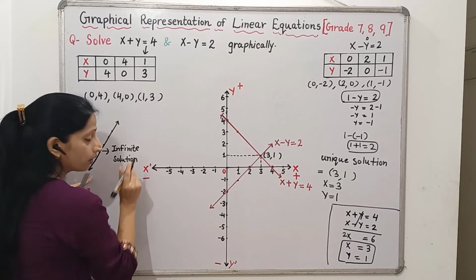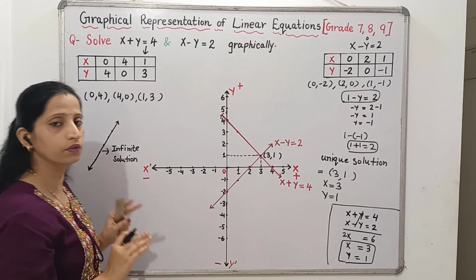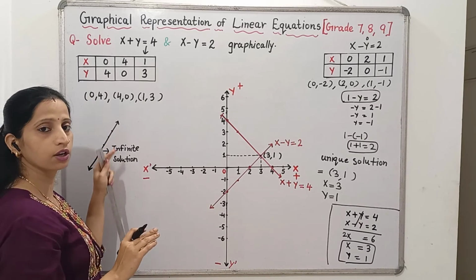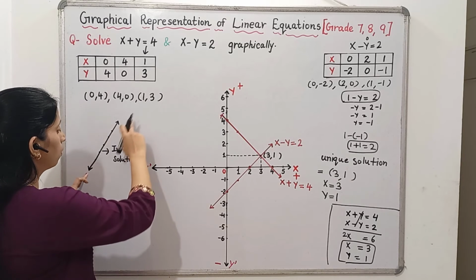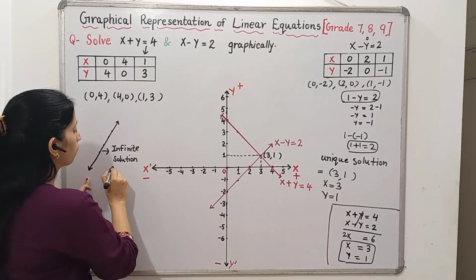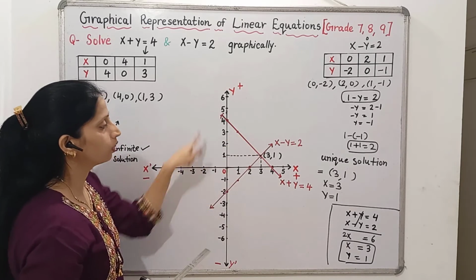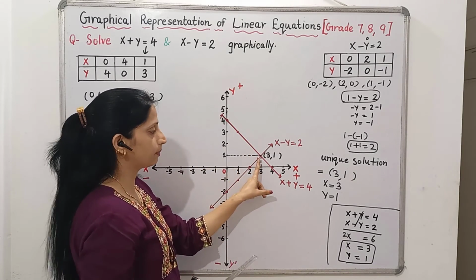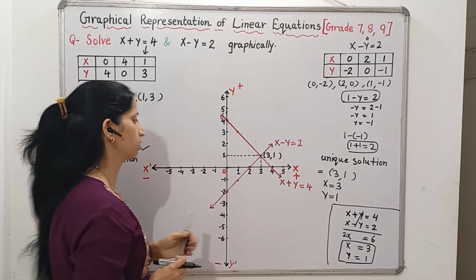This means whenever the graphs of 2 given equations coincide or overlap on each other, or one line is on another line, those equations will have infinite solutions. Whenever 2 lines intersect at a point, those equations will have a unique solution.